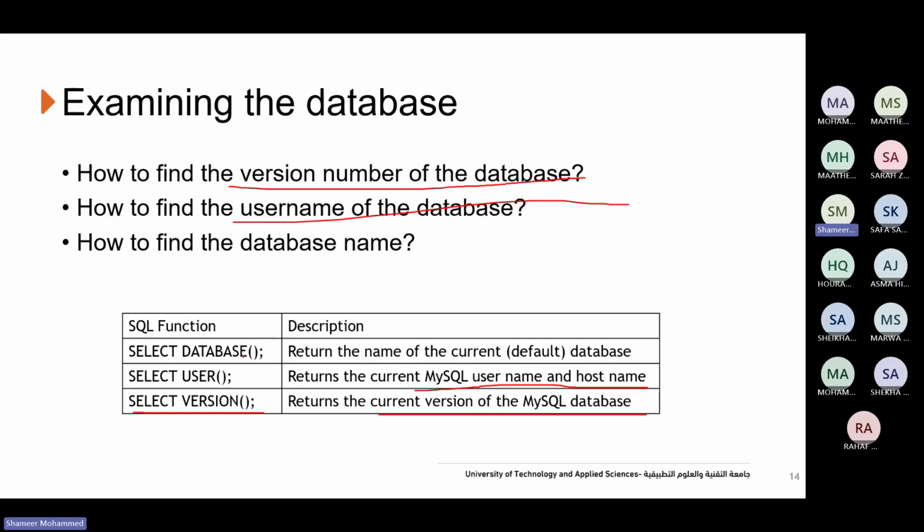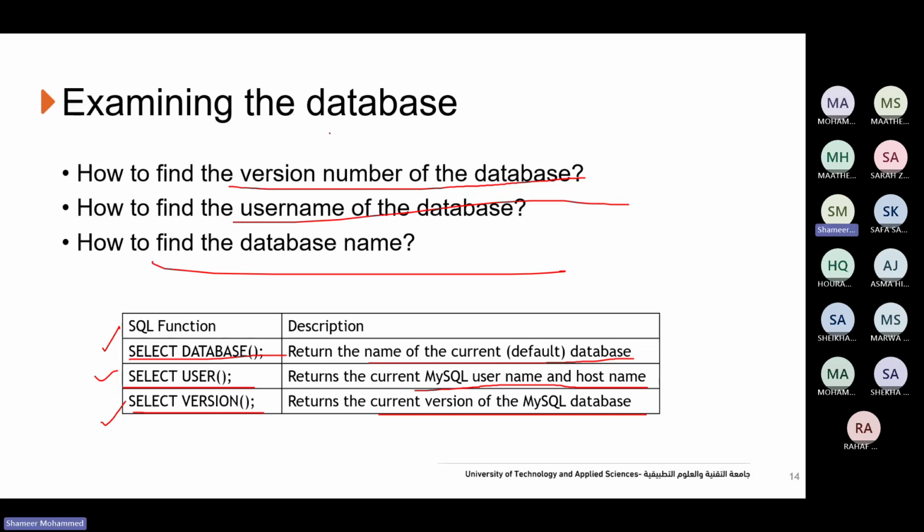So I will play with your application by typing this injection attack. What is that one? This one, select database function. It will return you the current default database. So these are the commands that you can use to analyze the database types that you have used in your application.